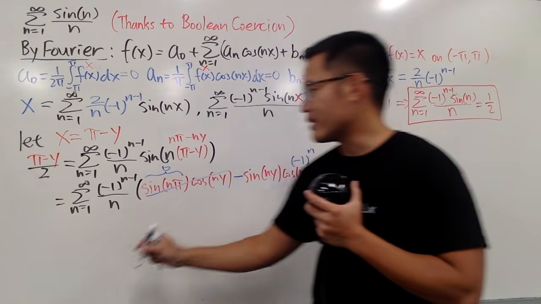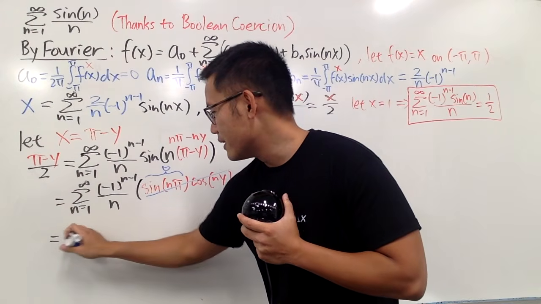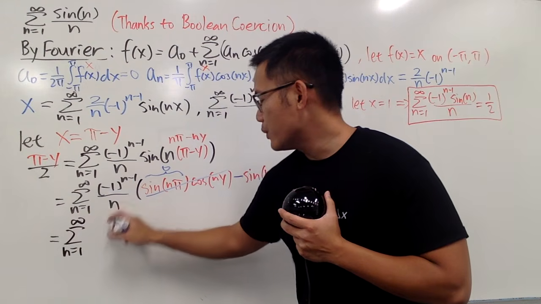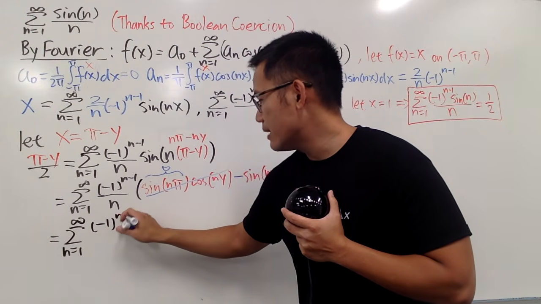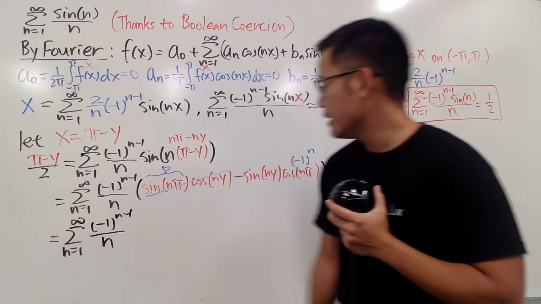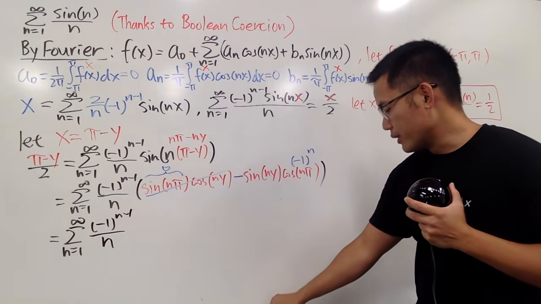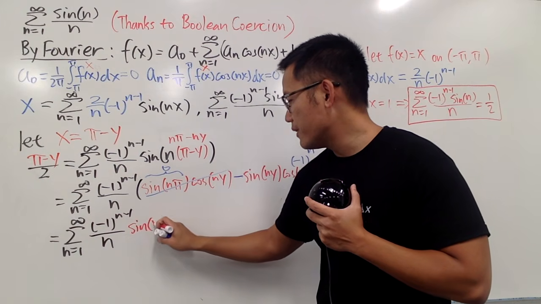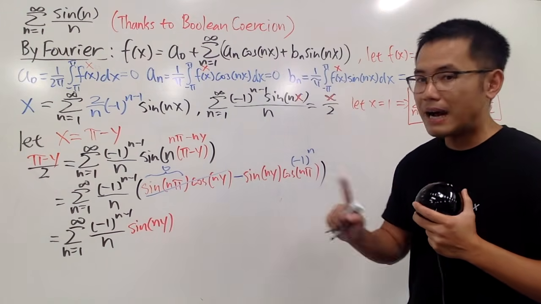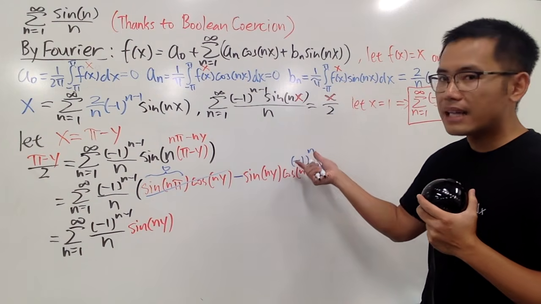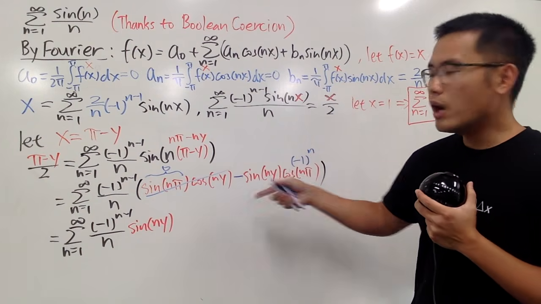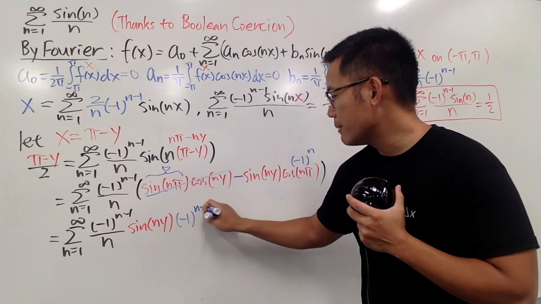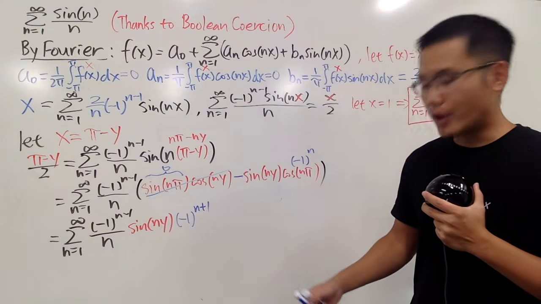Let's continue to write down the following. We have the sum as n goes from 1 to infinity. And here we have -1 to the n minus 1's power over n. All in all, we have the following. This right here, I will just keep it as sine of ny. But this times that, of course, this is like -1 as well, so we can just put them together and we'll write it as -1 to the n plus 1's power.